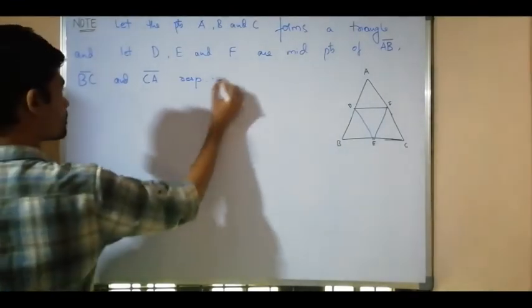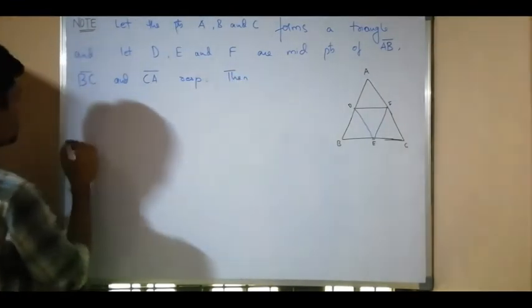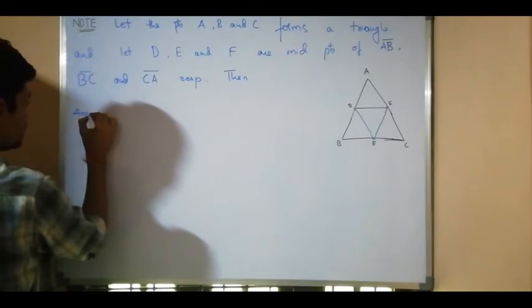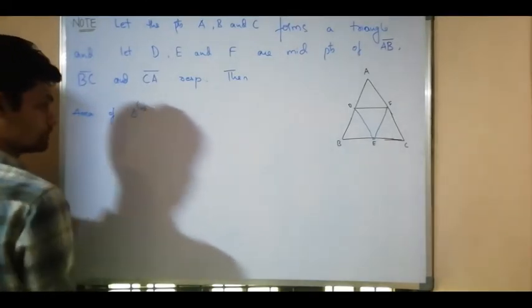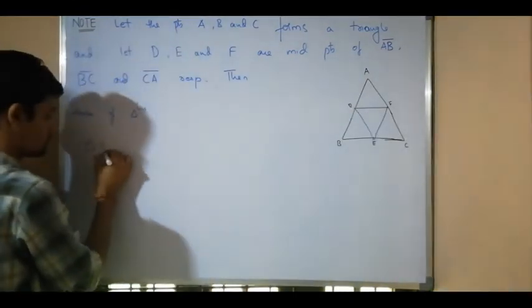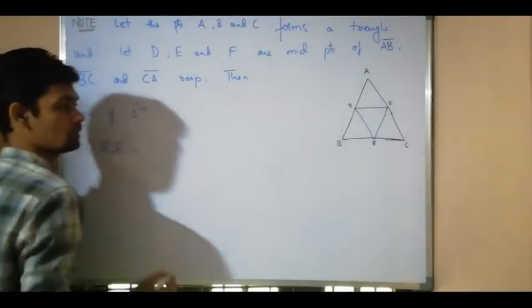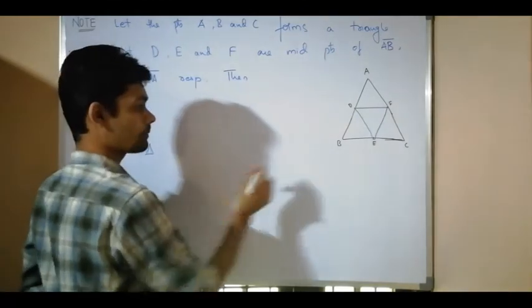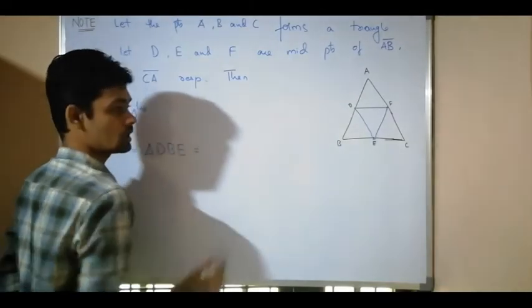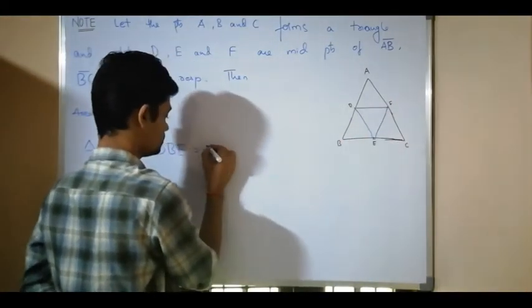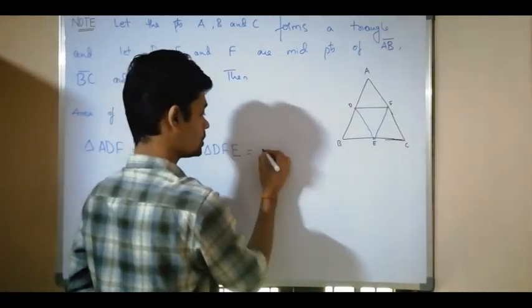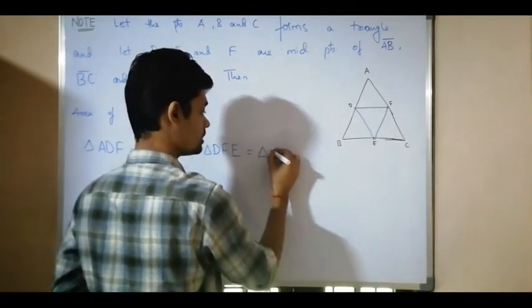Then area of triangle ADF is equal to delta DBE, which is equal to DFE, which is equal to delta FEC.